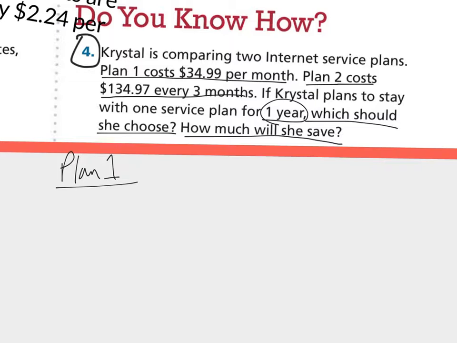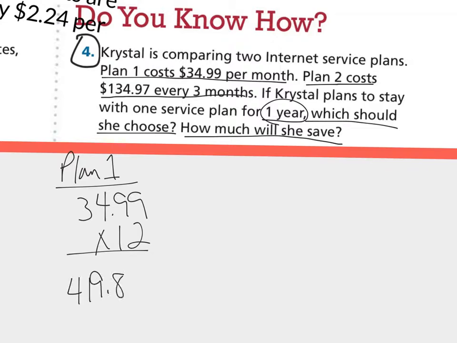So $34.99 per month. So we're trying to find for a year, so a year would be 12 months. So we'll just multiply that by 12. Just so you're not watching me work all this stuff out here, if we just multiply that out, that's going to be $419.88 for the year.